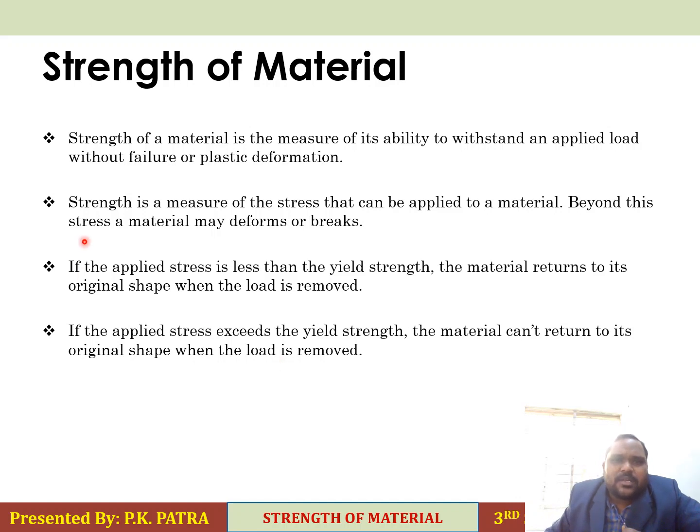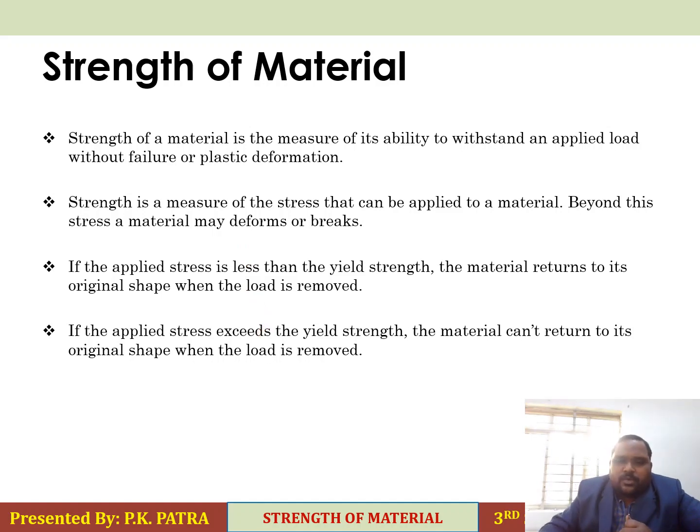The next one, strength is the measure of the stress that can be applied on the material. What is stress, we will discuss. If the stress is less than yield strength, the metal returns to its original shape. We will discuss these parts also. If applied stress exceeds the yield strength, the material cannot return to its original shape when the load is removed. So these three points we will discuss in the stress strain relationship.